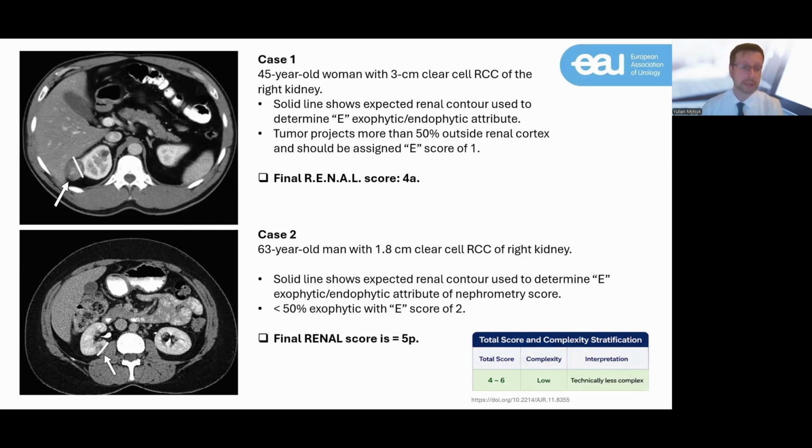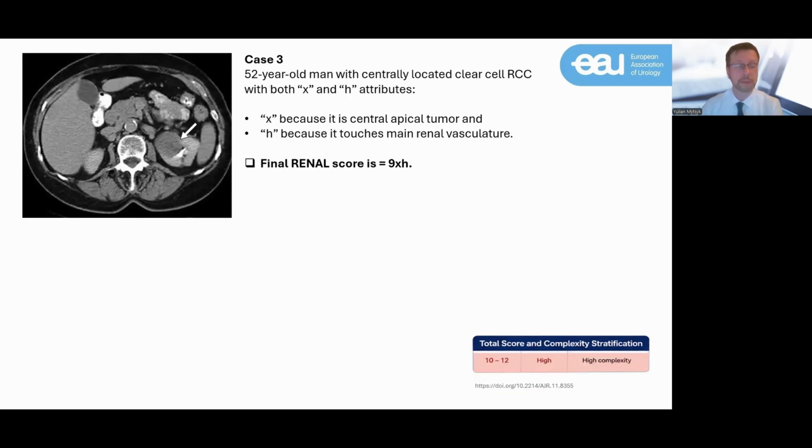In this case, less than 50% exophytic growth was observed, and the score of 2 was attributed. The final RENAL score was 5P. In both cases, low surgical complexity was attributed to these lesions according to the final RENAL score.